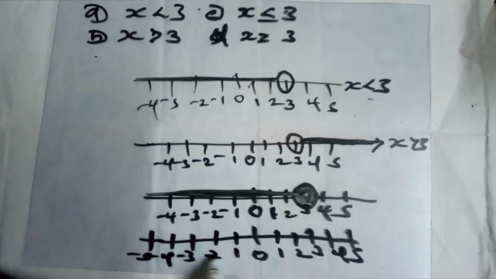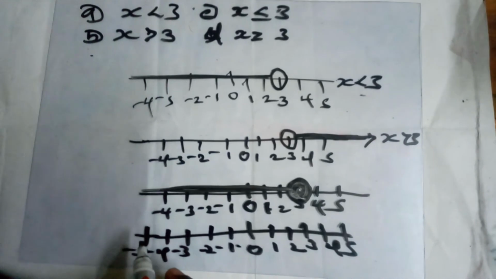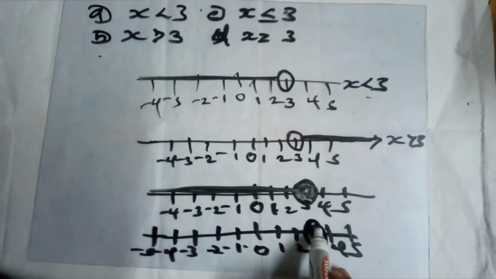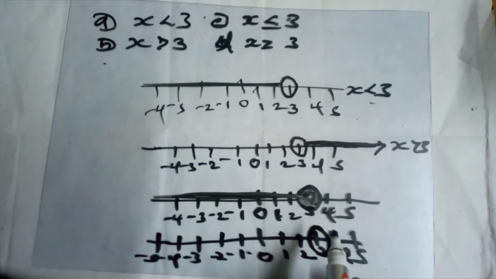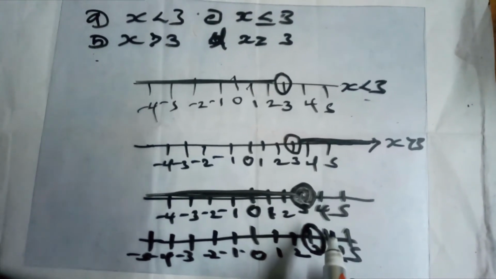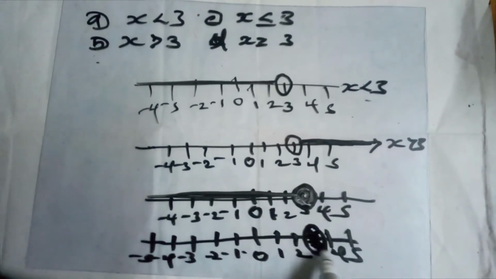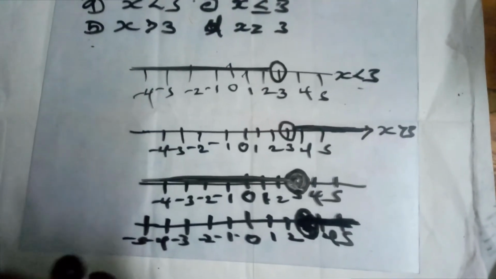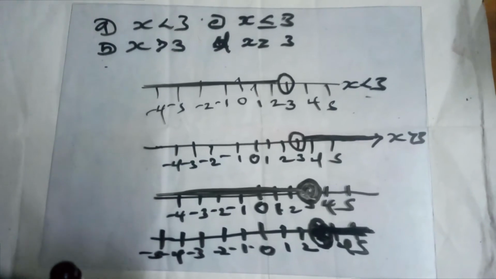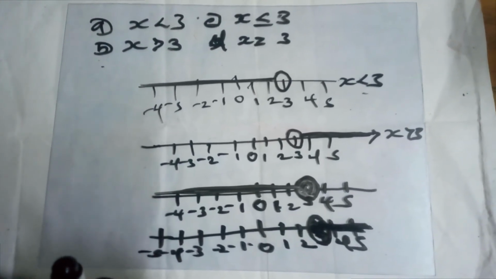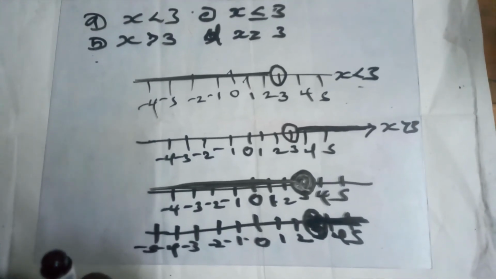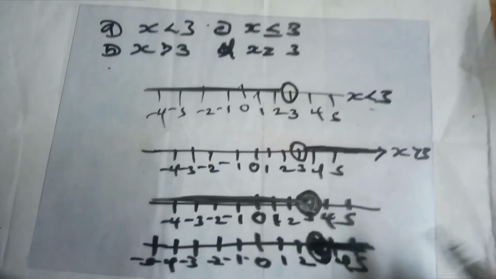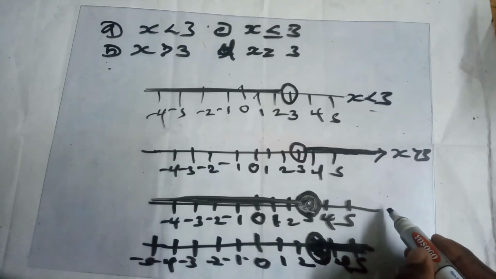Expressing D into the number line, you come where we have 3, you circle, because x is greater than or equal to 3, you shade inside and then you mark the other points. So you can see the difference between less than and equal to, greater than and equal to. You can pause the video and check the differences between those four.